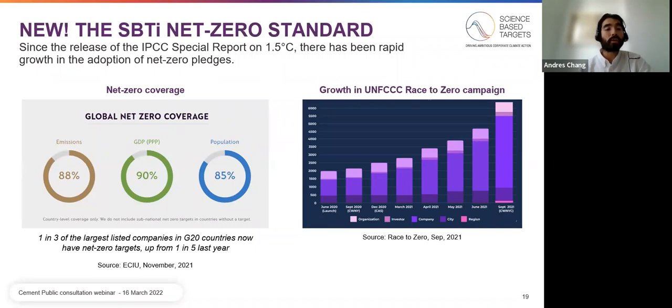You can see that when you count all of these different kinds of targets, so much of global emissions, GDP, and the population is covered. And a lot of this growth has occurred since 2020, when the UNFCCC's Race to Zero campaign was launched. The SBTi's net zero standard is recognized under the UNFCCC's Race to Zero campaign for businesses that want to participate. Next slide.